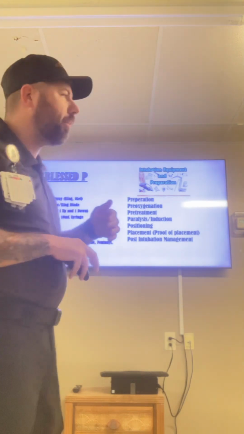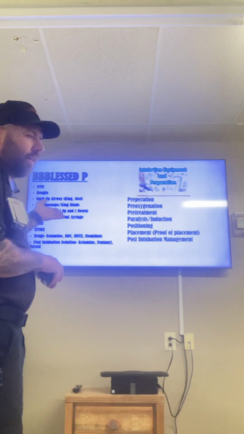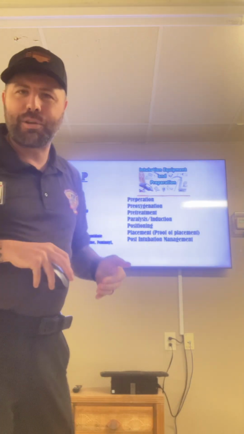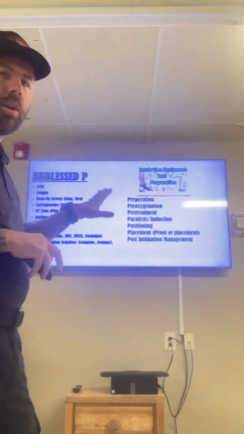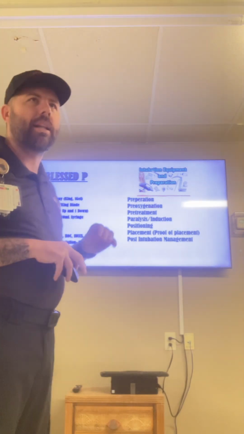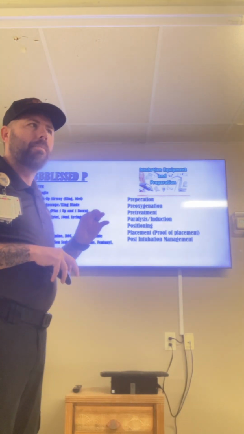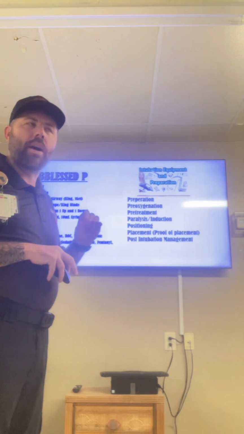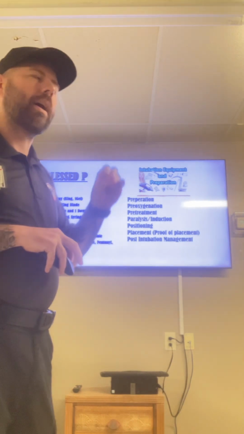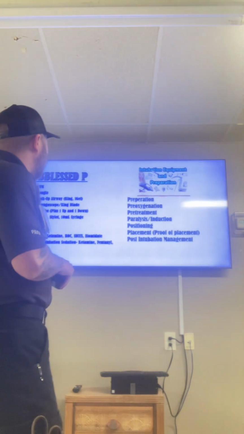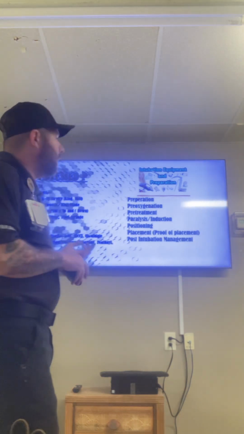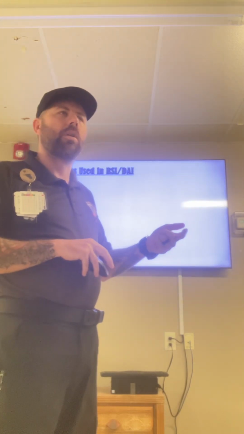Again, we talked about paperwork. This paperwork is going to ask you about that. So definitely you want to know about your proof of placement. That way when you get that doc signature, or if you're asked about it by your medical director, so on and so forth, then you can actually have your proof of placement. Then post-intubation management, which is going to be your post-intubation sedation, your ketamine, your Versed, or your fentanyl.